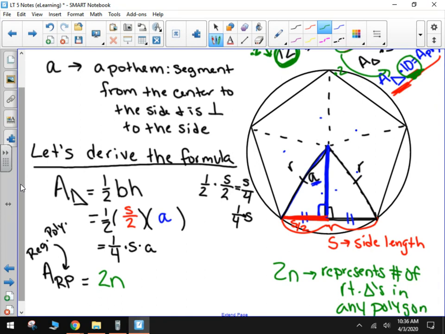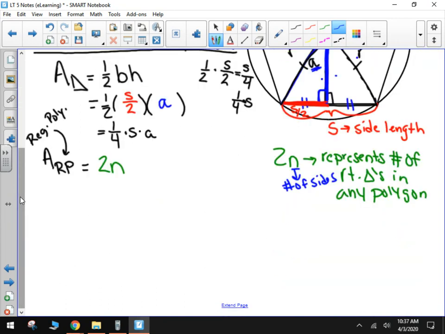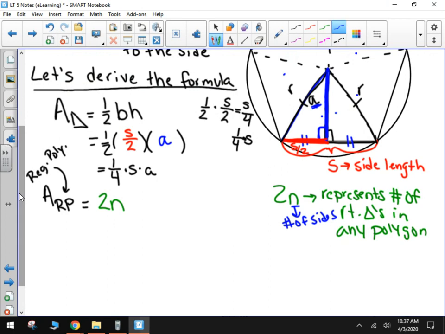Right, and then n is just the number of sides. Also, a reminder, just in case you don't know, you don't have to do this. The deriving part that I'm doing is not how you do the problem. It's just going to give us the formula, and then we'll use the formula.